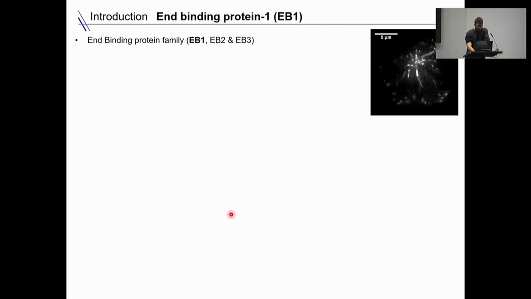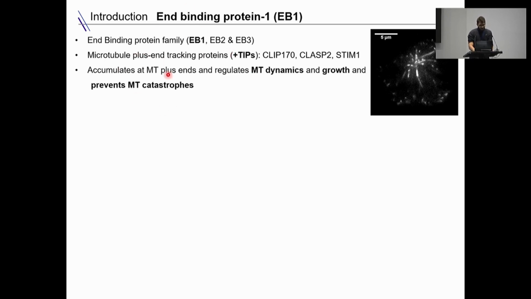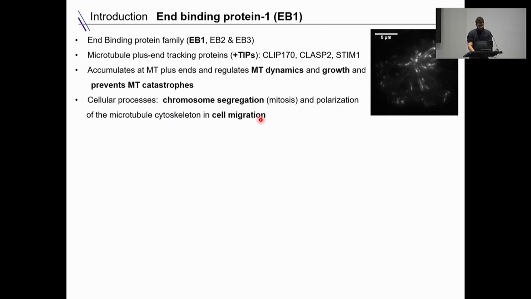So the protein which this work focuses on is end-binding protein 1, or EB1. This protein belongs to the +TIPs family of proteins that accumulate at the microtubule plus ends and regulate microtubule dynamics and growth, preventing microtubule catastrophes, as we can see in this video.